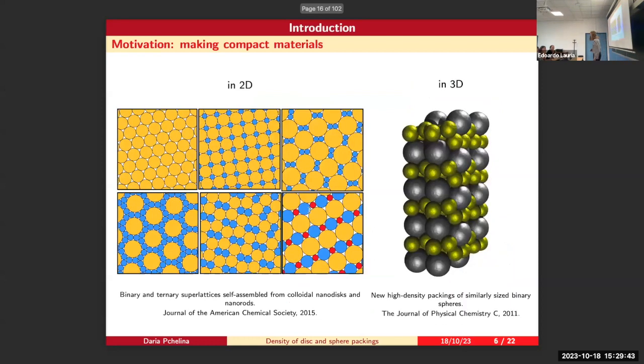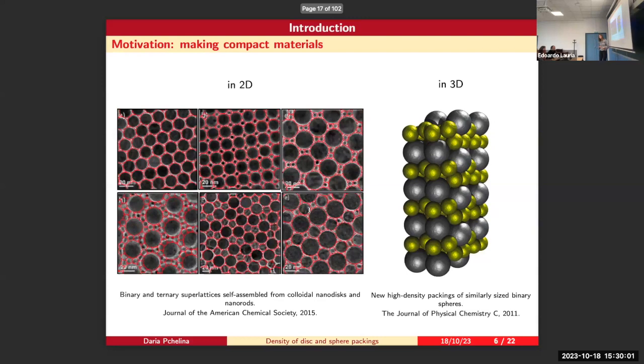Our problems are of interest for mathematicians, computer scientists, and also for chemists and physicists, more applied ones, those who are trying to create nanomaterials. When they try to produce a new nanomaterial, they take, for instance, two kinds of nanospheres and nanocylinders, and they try to mix them.